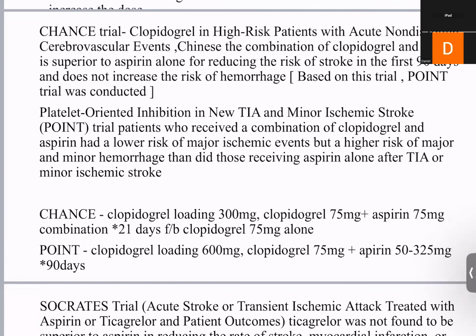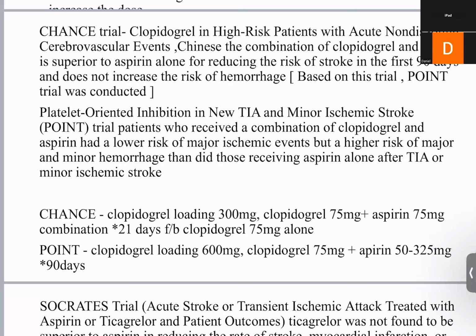Again, there are trials for antiplatelet agents in acute stroke. CHANCE trial was conducted in a Chinese population. They used clopidogrel: Clopidogrel in high-risk patients with acute non-disabling cerebrovascular events. They combined clopidogrel and aspirin.